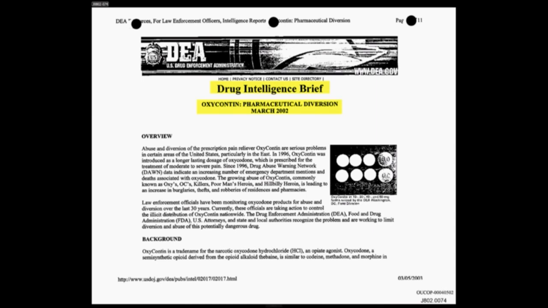And in the overview, it says that abuse and diversion of the prescription pain reliever OxyContin are serious problems in certain areas of the United States, particularly in the East, right? It says that? And then it states that in 1996, OxyContin was introduced as a longer-lasting dosage of oxycodone, which is prescribed for the treatment of moderate to severe pain.